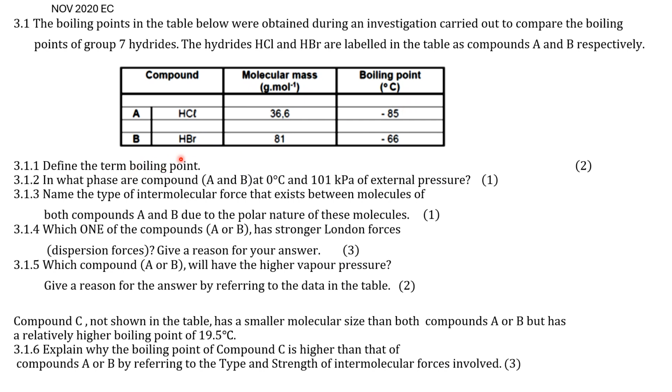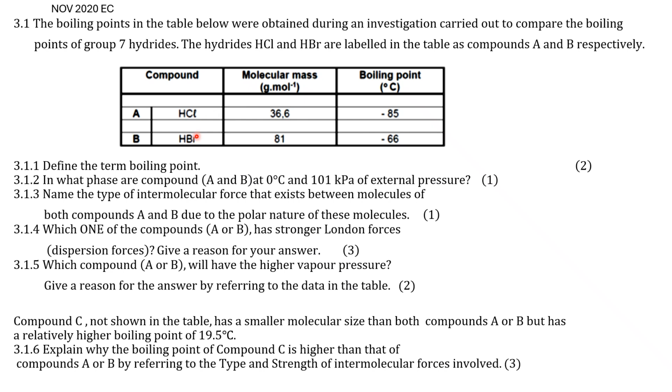3.1.1 Define the term boiling point, which by now you should know. In what phase are compounds A or B at 0 degrees Celsius and at 101 kilopascal of external pressure? 3.1.3 Name the type of intermolecular force that exists between the molecules of both compounds A and B due to the polar nature of their molecules.